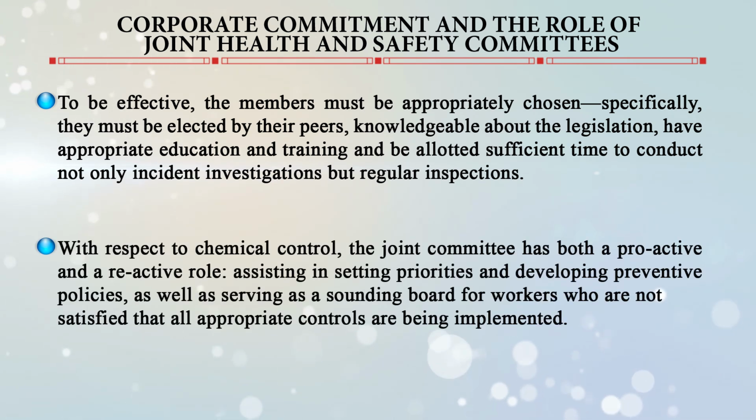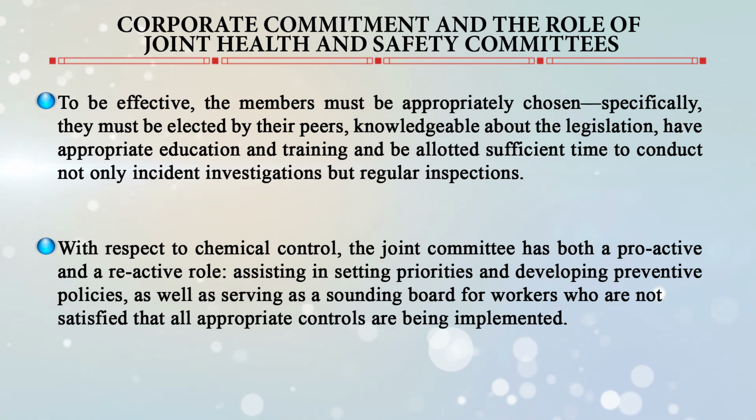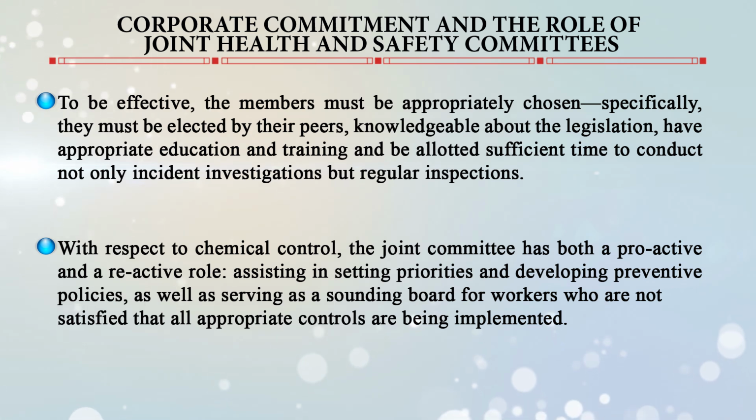With respect to chemical control, the joint committee has both a proactive and a reactive role, assisting in setting priorities and developing preventive policies, as well as serving as a sounding board for workers who are not satisfied that all appropriate controls are being implemented.